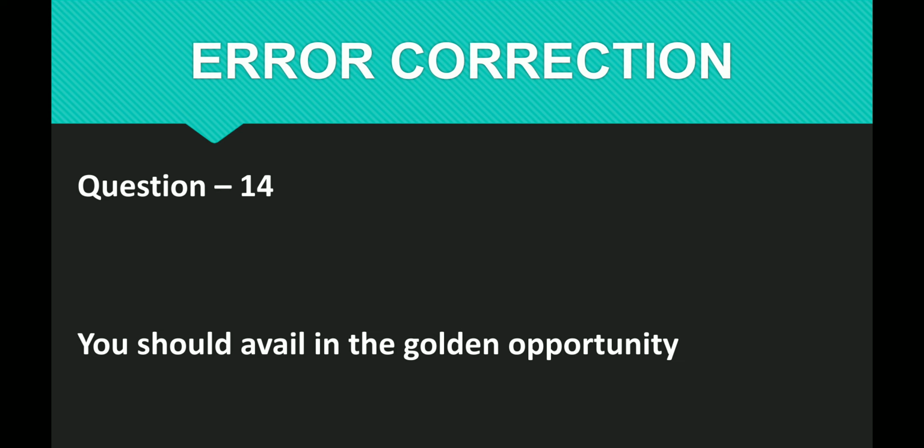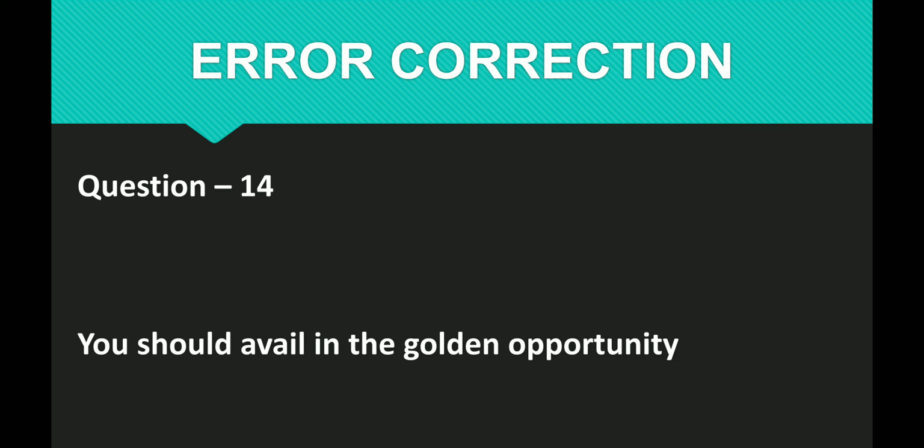There are two rules. Rule number 1, after avail, use a reflexive pronoun. What is a reflexive pronoun? Reflexive pronoun means all the self words: myself, himself, herself, themselves. These are the reflexive pronouns.